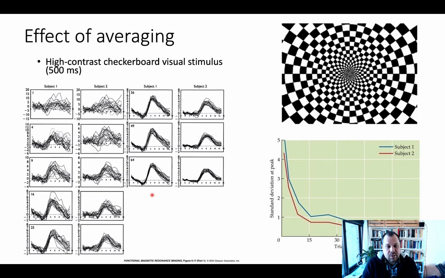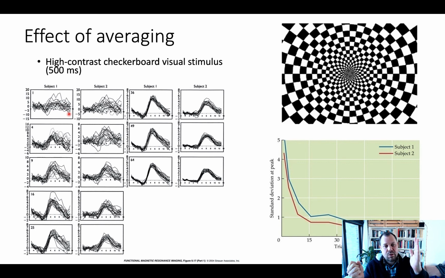This is an fMRI experiment from, I believe, the 90s, where the researchers were interested in visual responses to these types of checkerboards here. These checkerboards maximally drive neural responses in early visual cortex. What they did is they had a set of, let's say, 150-ish trials for each subject, and then they drew from this set of trials.